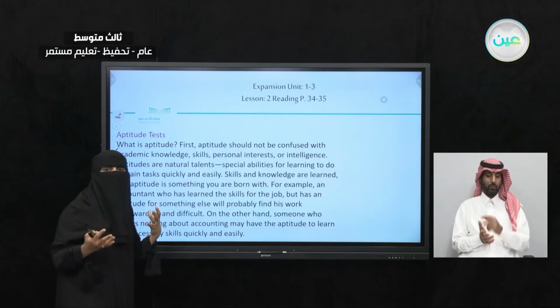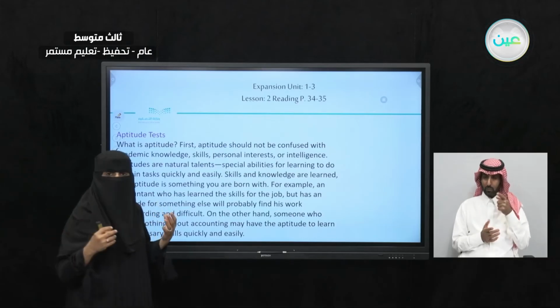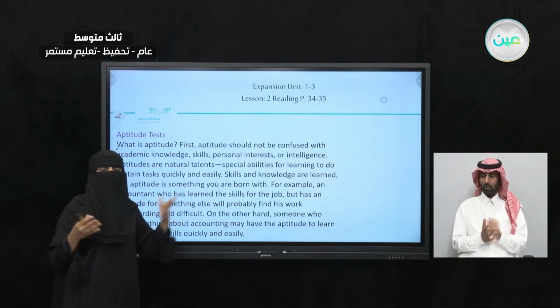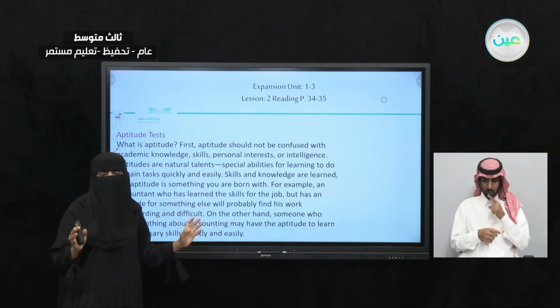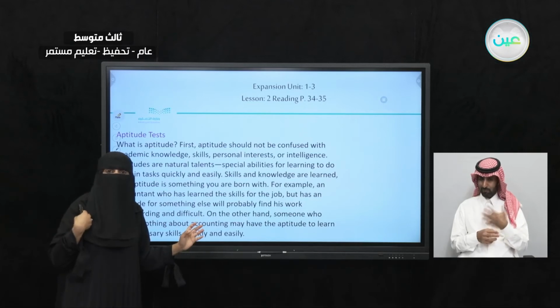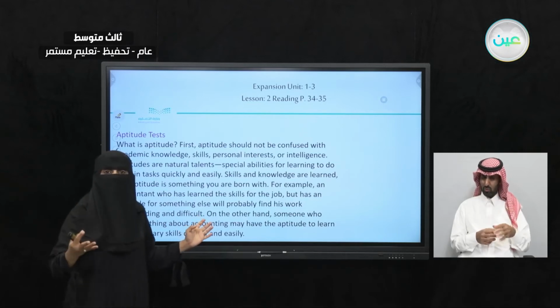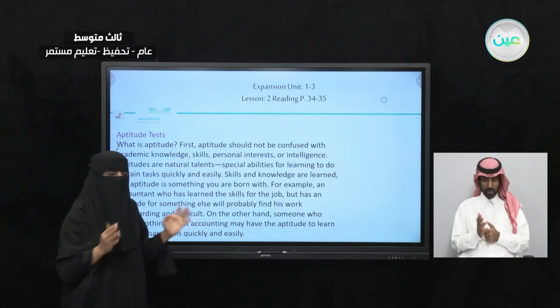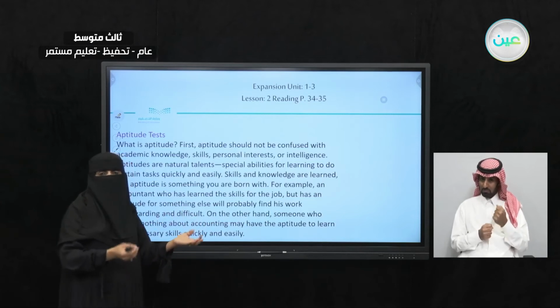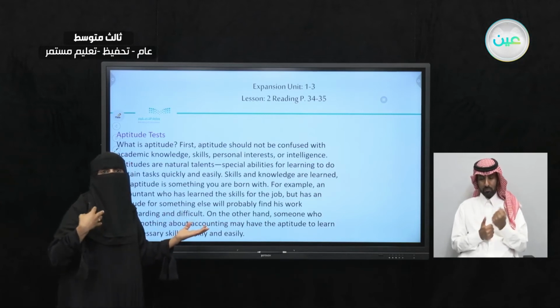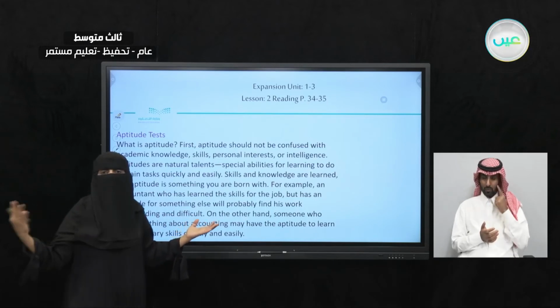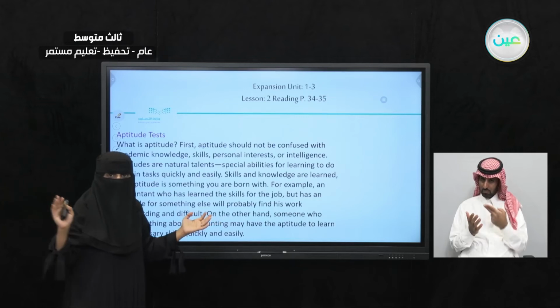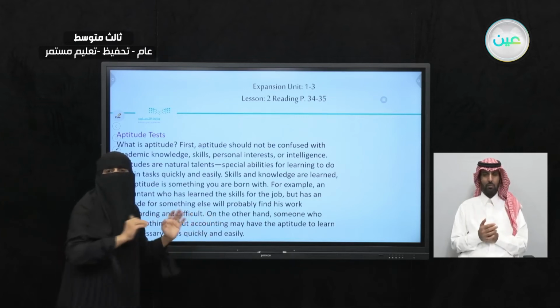the difference between your talent and your skills. In the future, you can work anything. You can work as a doctor and you can be a successful doctor, but you will be bored if you don't have the talent. If you don't have the talent, you will have the skills, but if you are fond of art, if you are fond of reading literature, okay, then you would find your work boring.